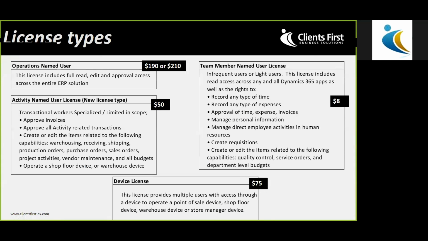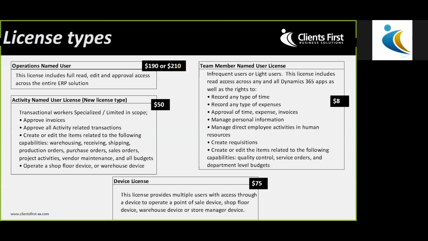The next type of license is the activity license, and these are more transactional workers. They can approve invoices, and they can create and edit items. You see it's a little longer list than the team member type item, and they can also operate a shop floor device or warehouse device with this activity user.